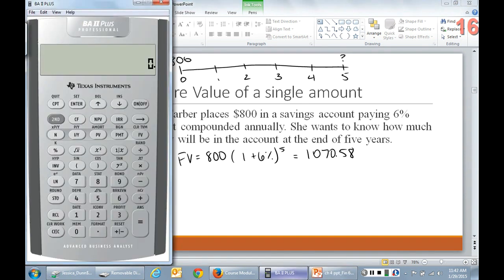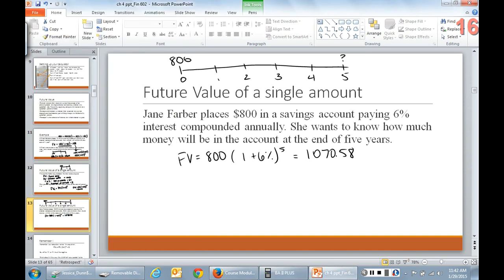These buttons right here on the third row, the N, the I/Y, the PV, the payment, and the future value, are the same variables that we use in our formula. So we can enter these in. Let me write them down first.